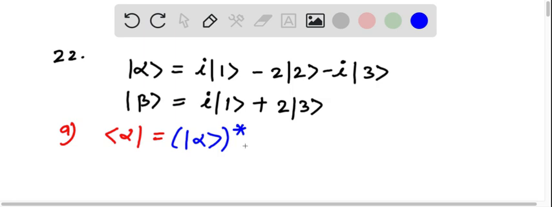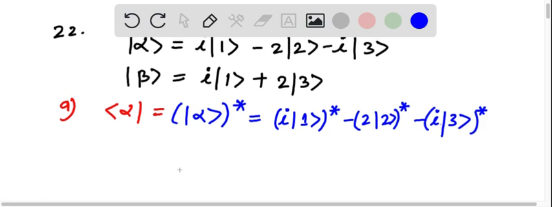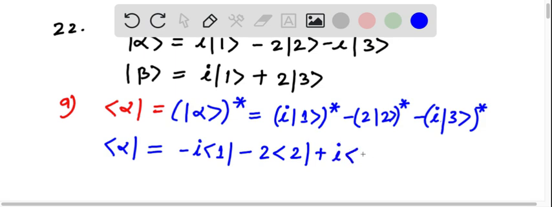So let's take the complex conjugate of this: i|1> becomes −i<1|, then −2|2> has no imaginary part, so it remains −2<2|, and −i|3> becomes +i<3|. Hence the bra α is −i<1| − 2<2| + i<3|.